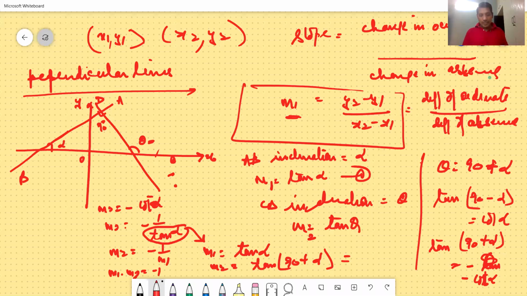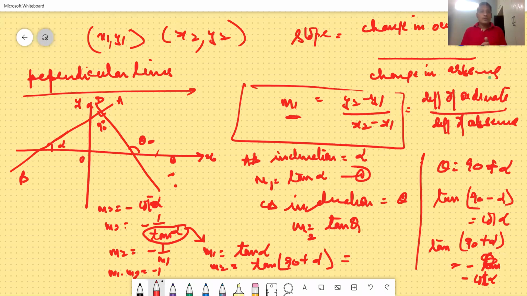The second relation is when lines are perpendicular to each other, you got m1 times m2 equals to minus 1.